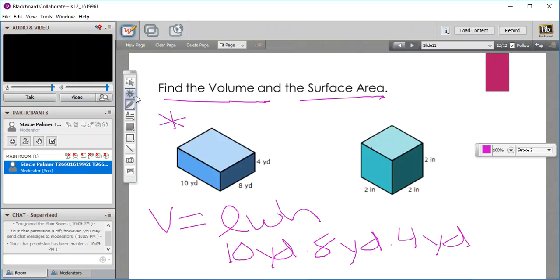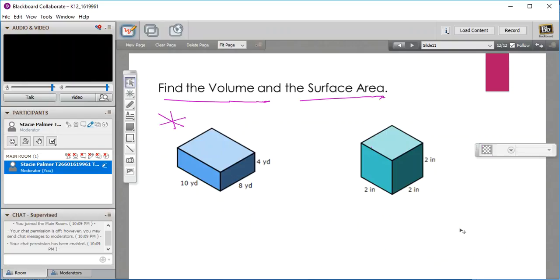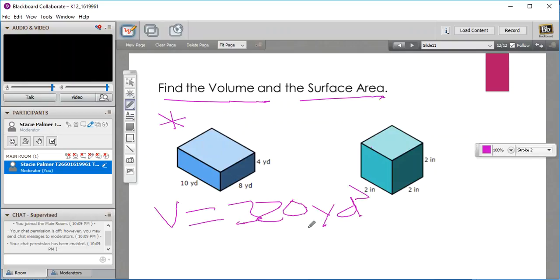Notice that we have yards times yards times yards, so that's going to give us yards to the third power. 10 times 8 is 80, and 80 times 4 is 320. So the volume of this cube is 320 yards to the third power, because we're multiplying all 3 of these together.